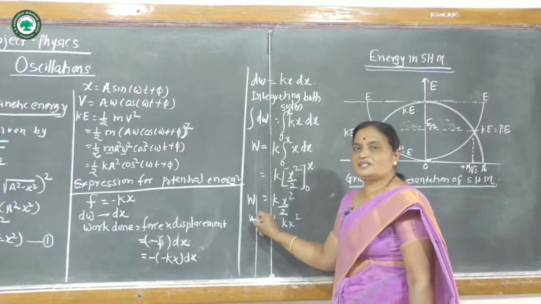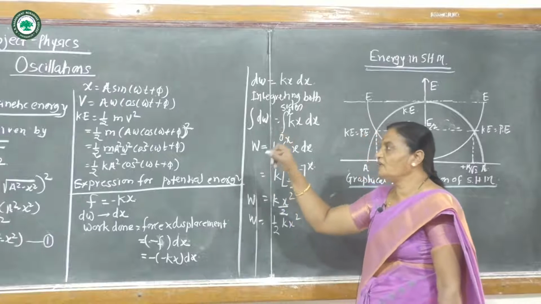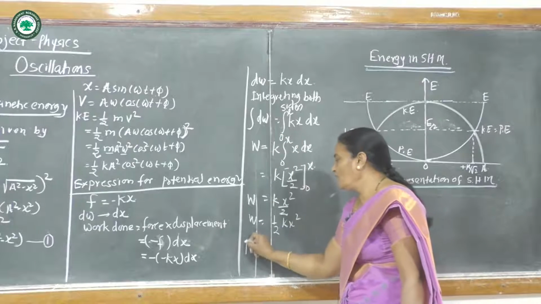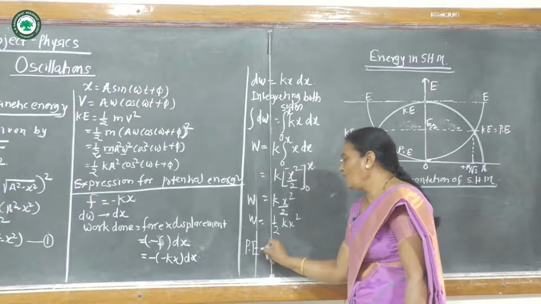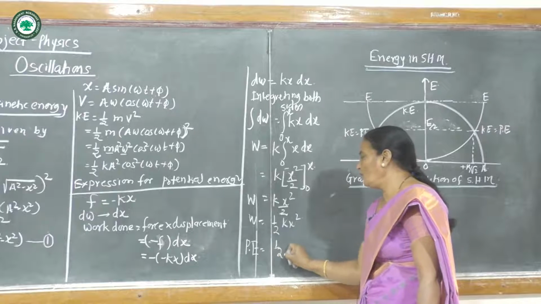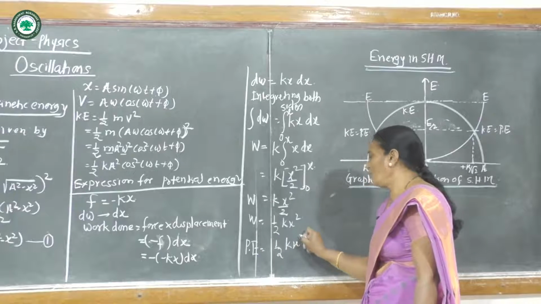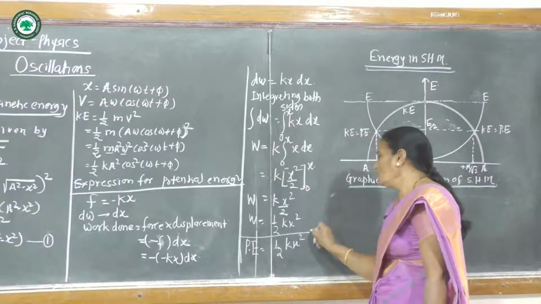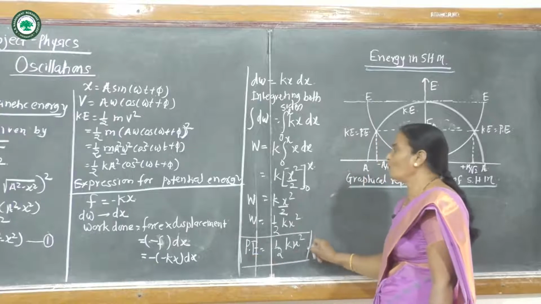This work is stored in the form of potential energy, and the potential energy is given by 1/2 kx square.